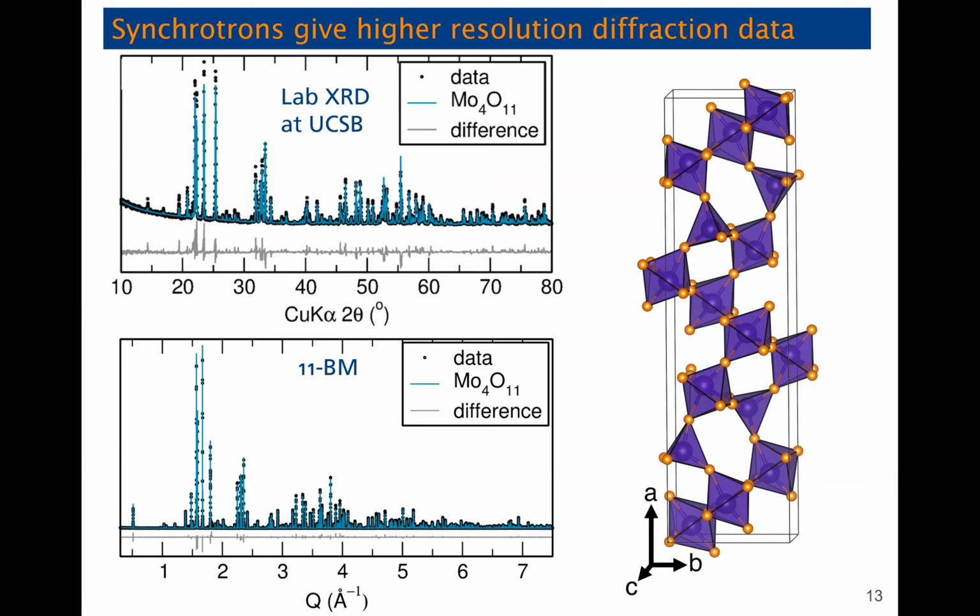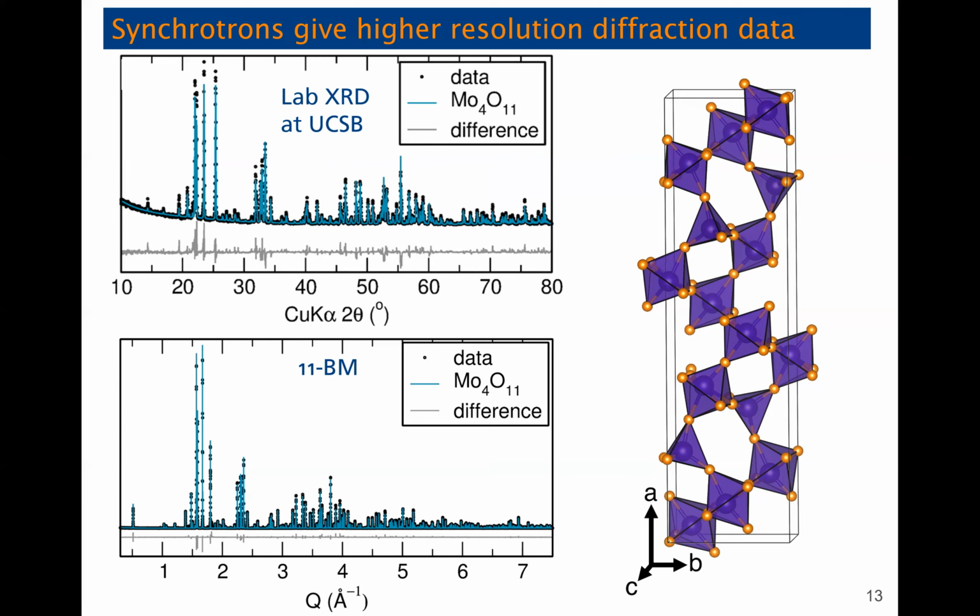So when I say I'm doing a refinement, it means that this blue line here is essentially the predicted crystal structure from a model structure that I put into my software. And the gray line at the bottom is showing the difference between the structure that I'm feeding into the model and the data that I actually got, which are those little black dots.